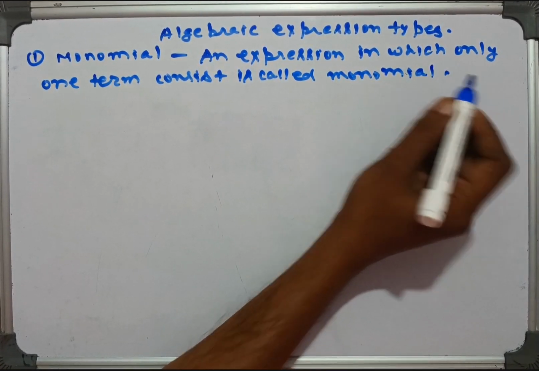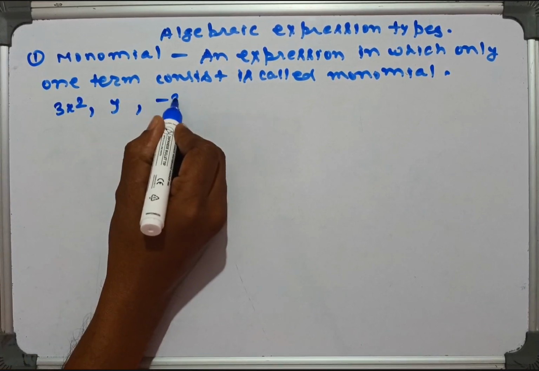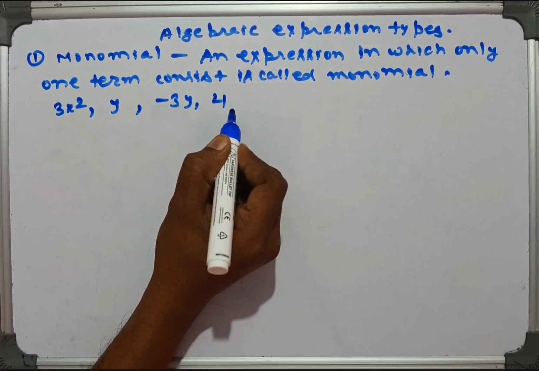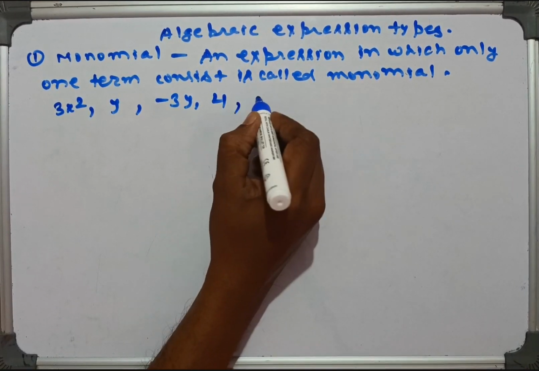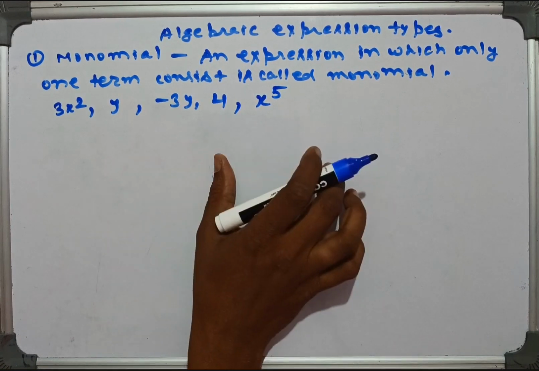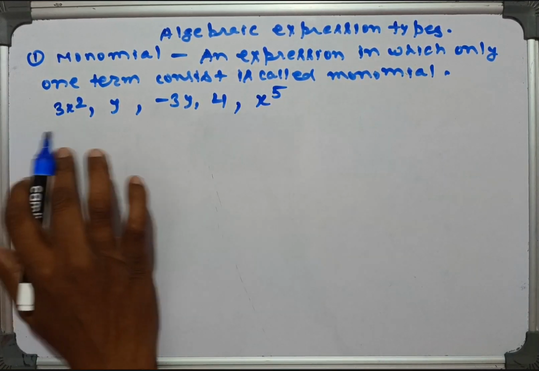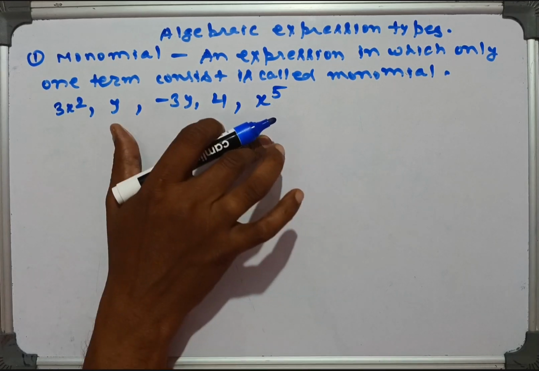Okay, see this: 3x square y, minus 3y, 4x to the power of 5. Okay, all these are known as a monomial expression because there is only one term.